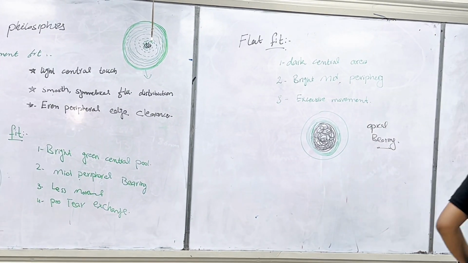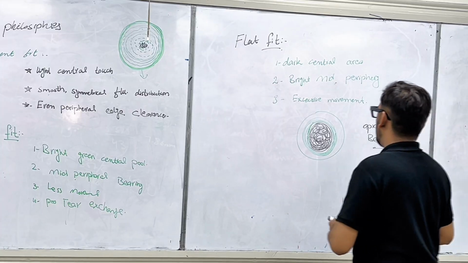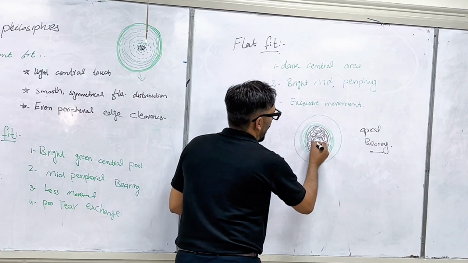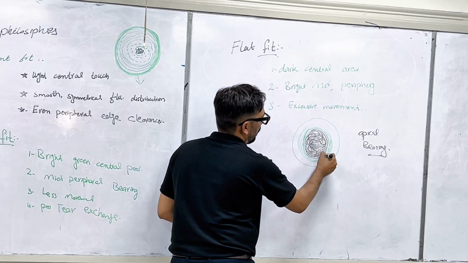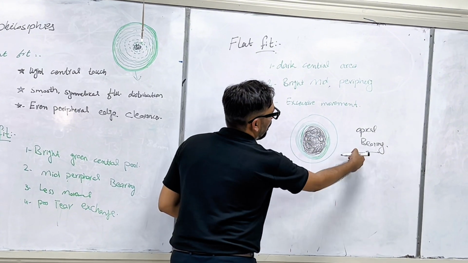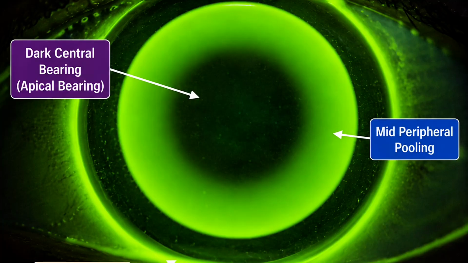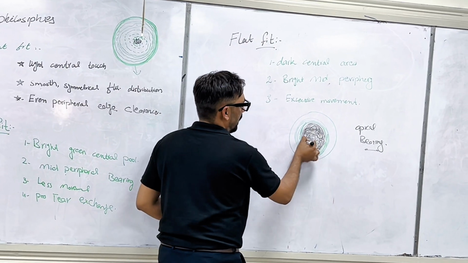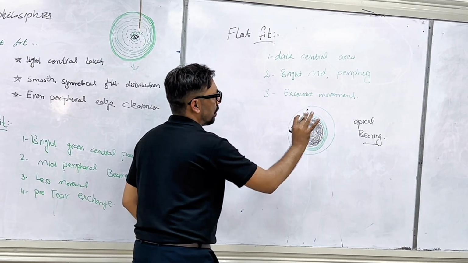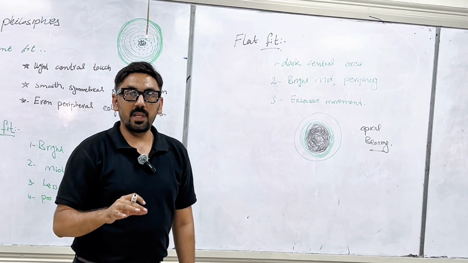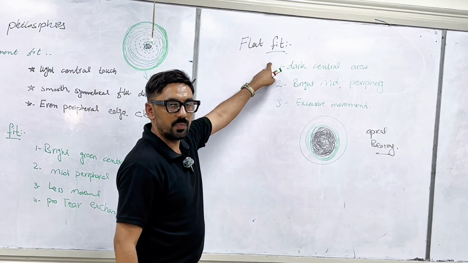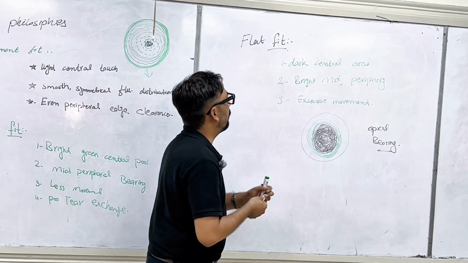If the central portion is black, that will represent like this. This is the black area, and that represents the apical bearing. Apical means center, bearing means they are touching together, right? So that's why it will look like a black area at the center, and that is called apical bearing. And apical bearing represents the flat fitting, right? So what are the characteristics of the flat fitting?